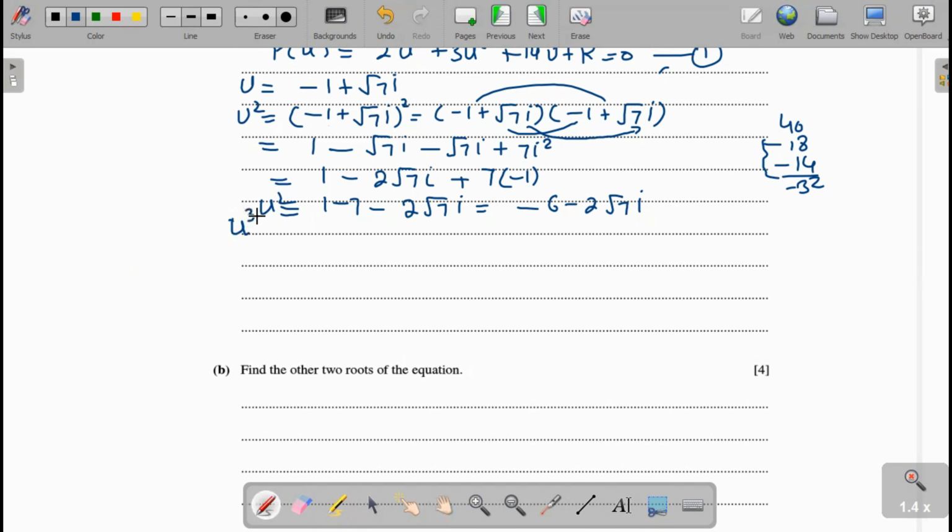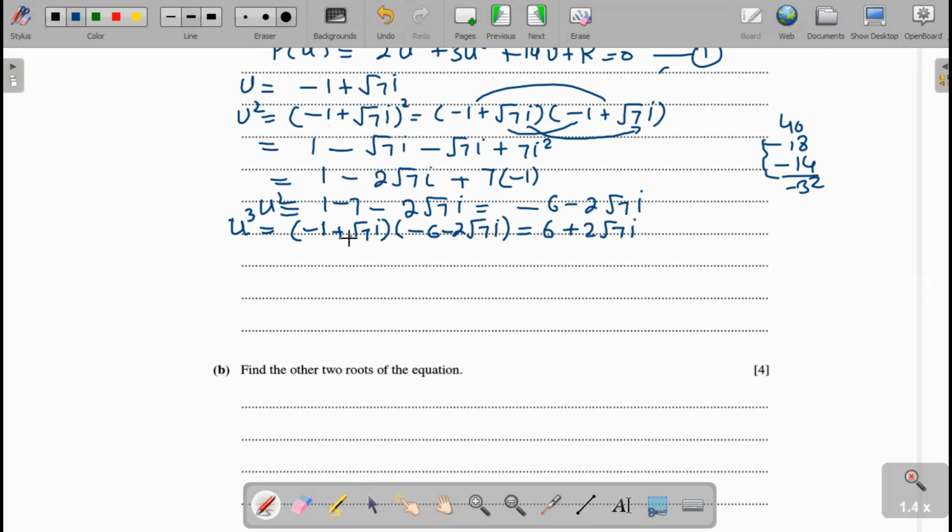u cubed will be equal to u into u squared. u is -1 plus square root 7i, into u squared, which is -6 minus 2 square root of 7i. -1 multiplied by -6 is +6. -1 multiplied by -2 square root of 7i gives plus 2 square root of 7i.